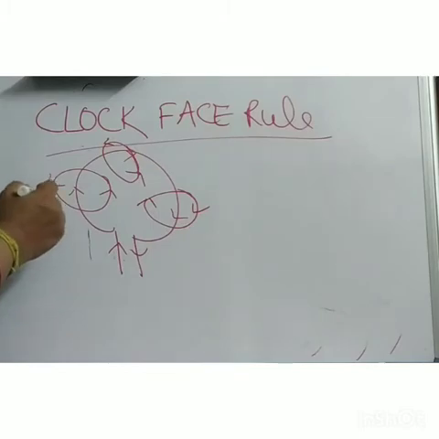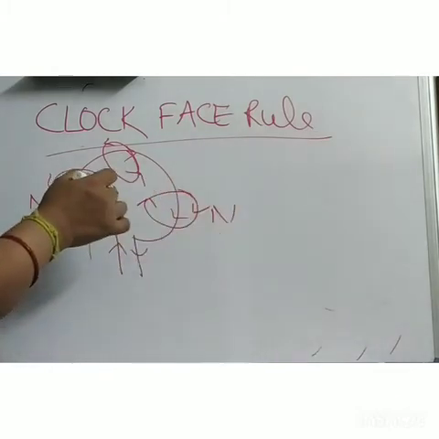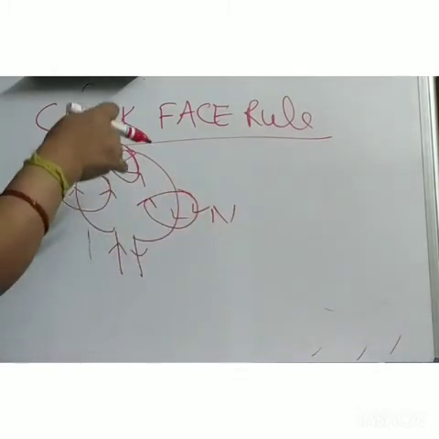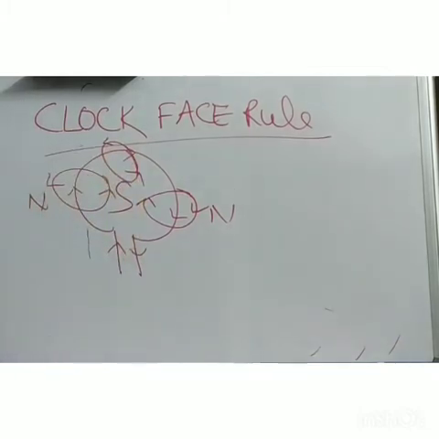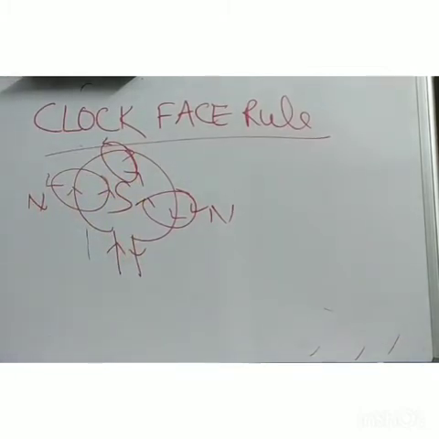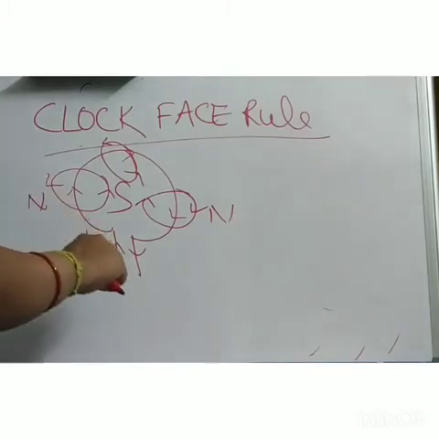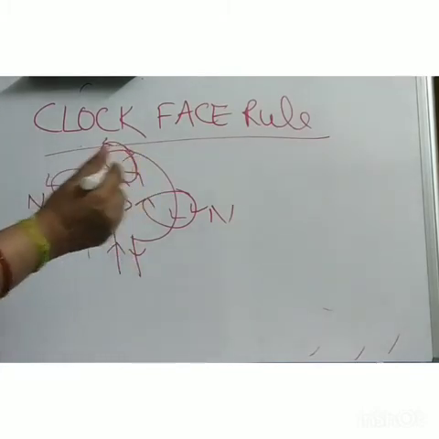That means it is the North Pole. Already we have discussed, coming out means North Pole. And inside of this coil, it is all going inside. Going inside means South. Now observe, the current is clockwise.